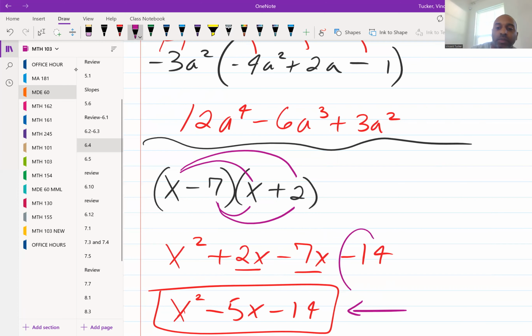Negative 7 times 2 is negative 14. Then from there, combine your like terms. 2x minus 7x is negative 5x. Questions? Any questions?